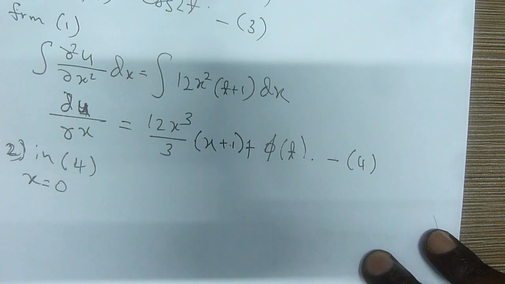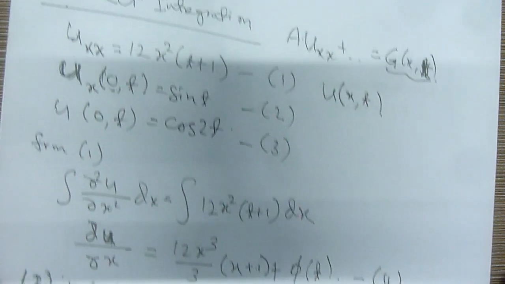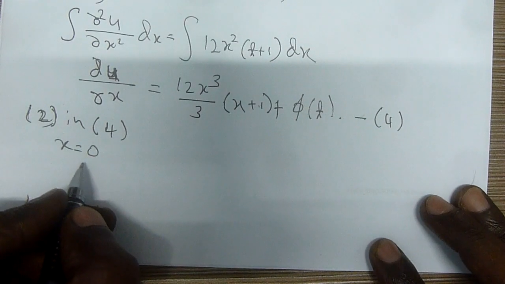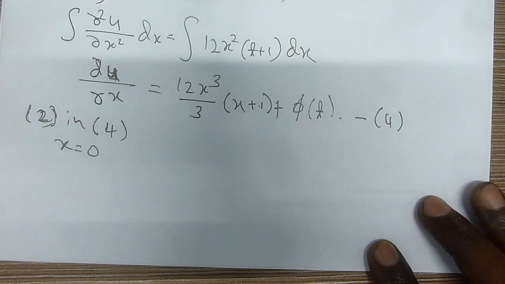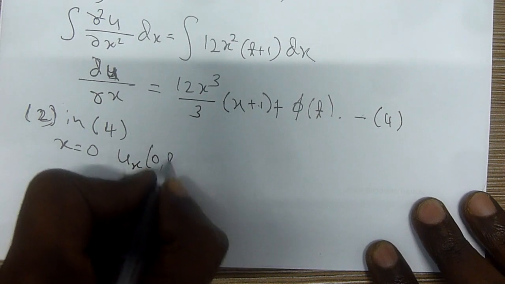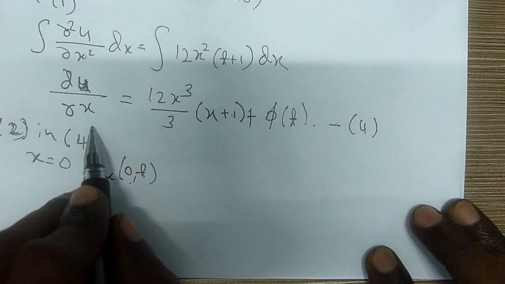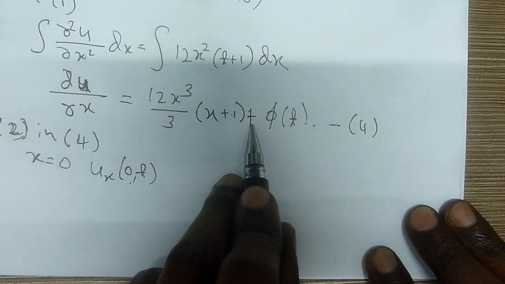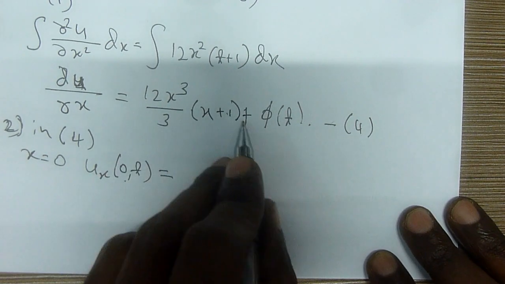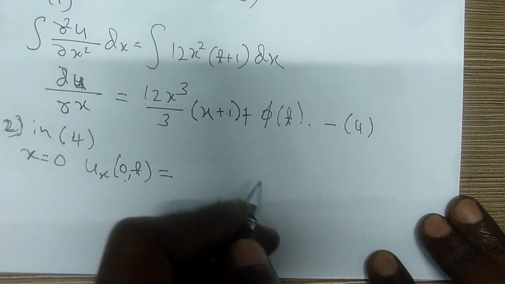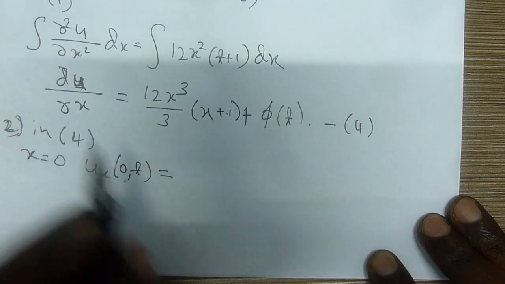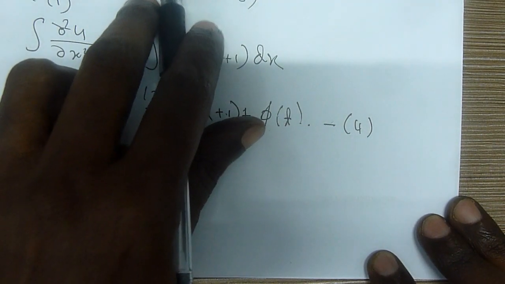Again, you can see x equals 0, whereby u(0,t), when I substitute it here, x is 0, so very straightforward, and this equals sin t.